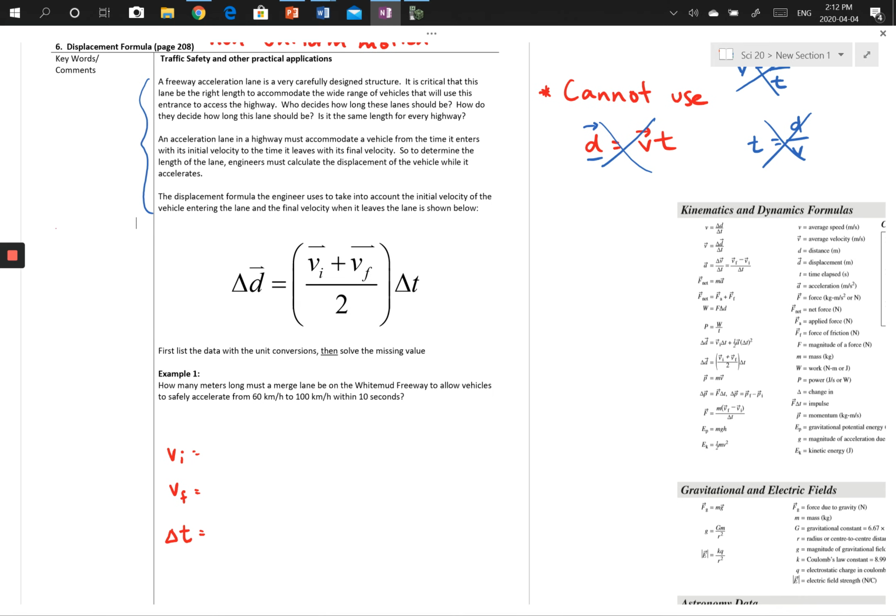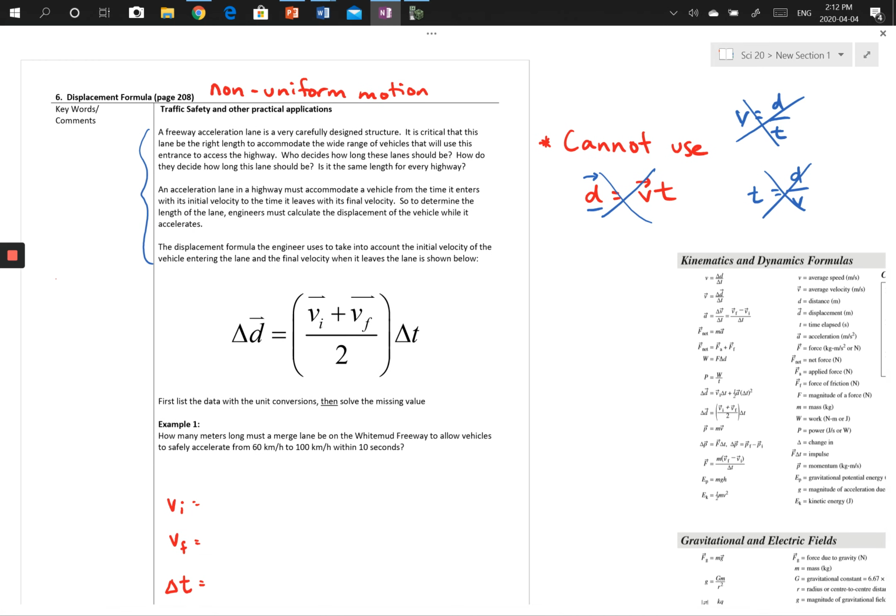So this formula looks really similar to the last formula, but the difference is we've replaced the V with this whole thing. I'm going to take my initial velocity, my VI, add it to my final velocity, and divide that value by 2.